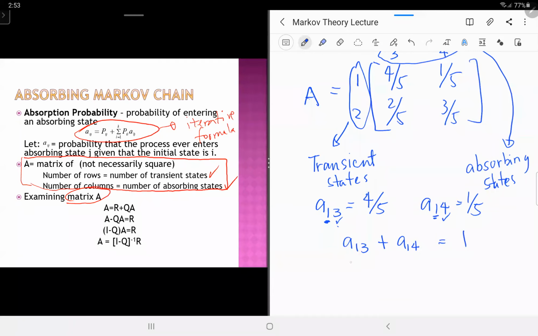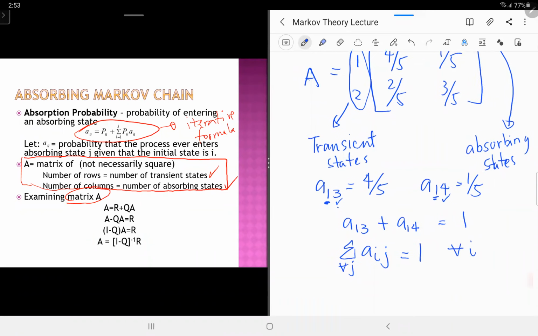Or in general terms, the summation of Aij for all j, you add up all the absorbing states coming from a particular source, should be equal to 1. And this equation is true for all transient states.